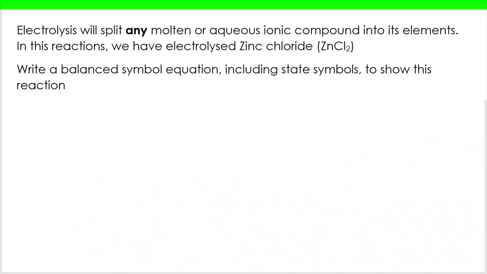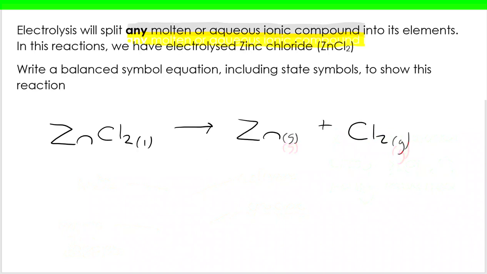We're going to stick with zinc chloride. Remember that electrolysis will break down an ionic compound into its elements in their standard states at standard conditions. So zinc chloride is going to break down into zinc and chlorine. My equation here is going to represent that: ZnCl2 breaks down to make Zn, that's solid, and Cl2 gaseous.